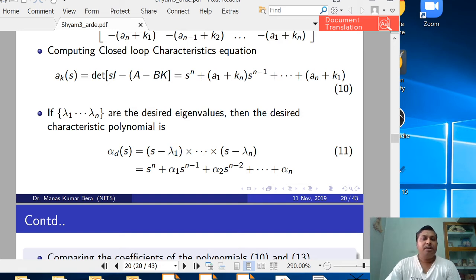And from the Cayley-Hamilton theorem we know that a matrix satisfies its own characteristic equation.